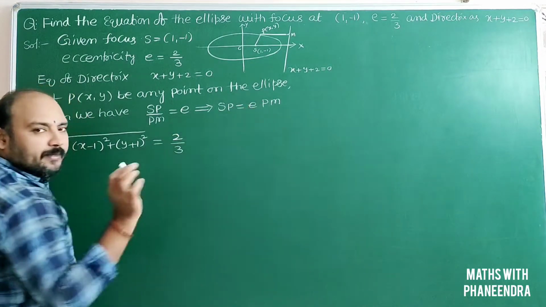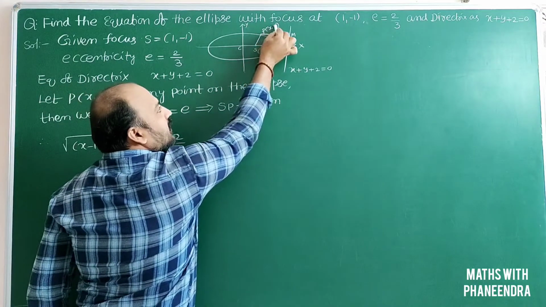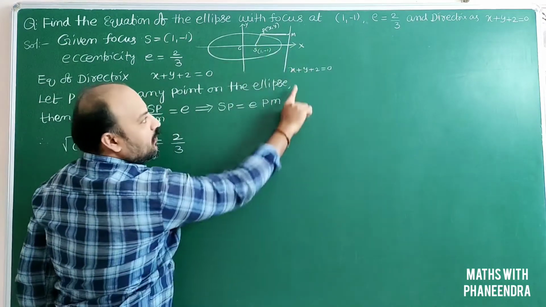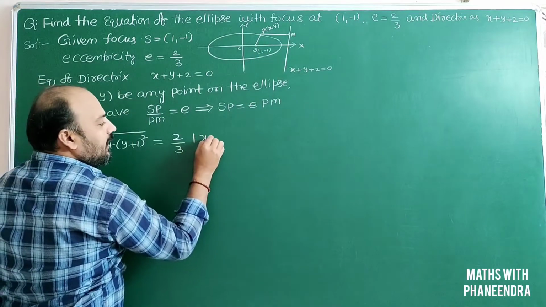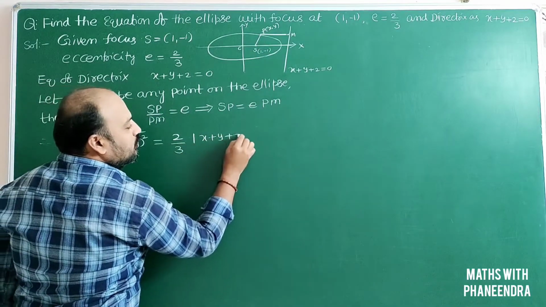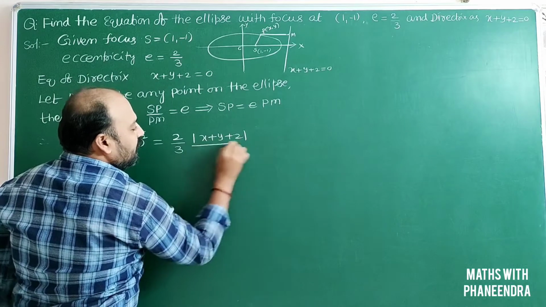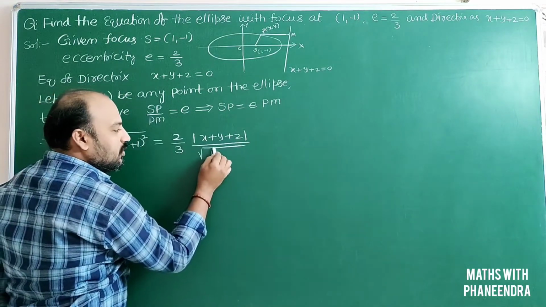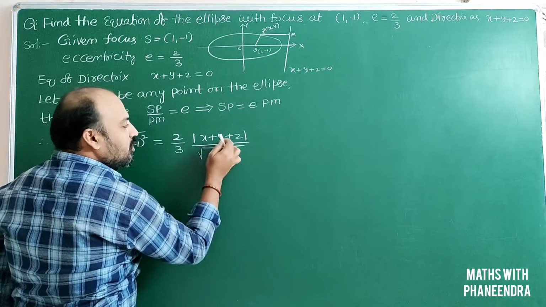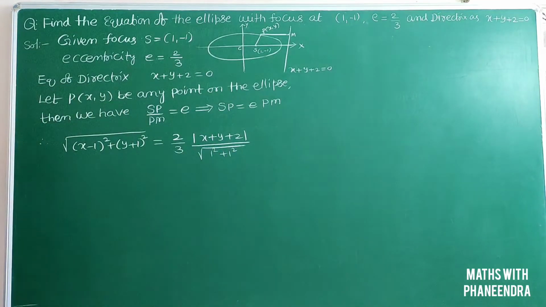Next, PM means the perpendicular distance from (x, y) to this line. So in place of x, y, here also x, y is there: mod of x plus y plus 2 divided by square root of a square plus b square. The x coefficient is 1 square, the y coefficient is 1 square.